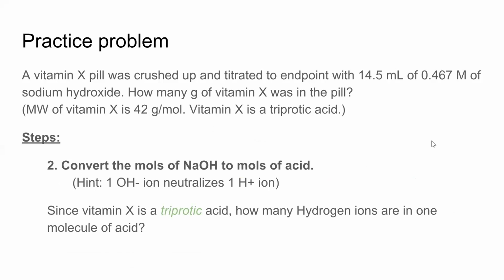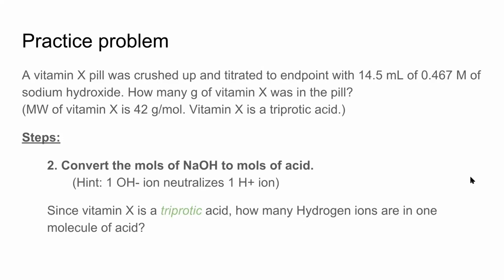Okay, so now we have moles of NaOH, but we don't know moles of acid yet, because if we did know the moles of acid, we can convert it to grams using the molecular weight. However, the hint here is that one OH ion will neutralize one H plus ion.